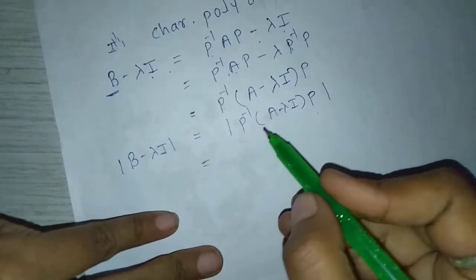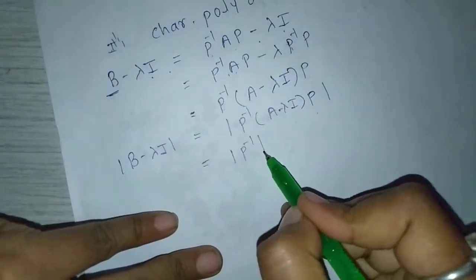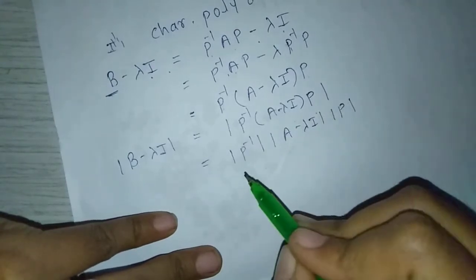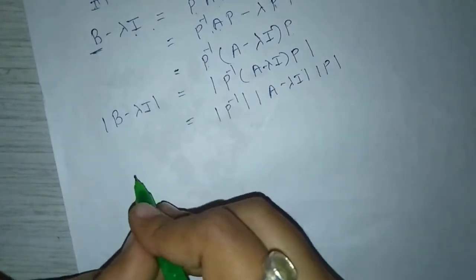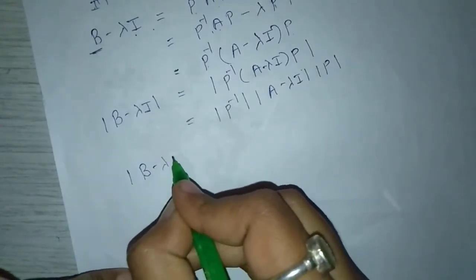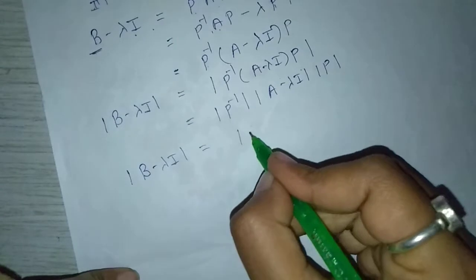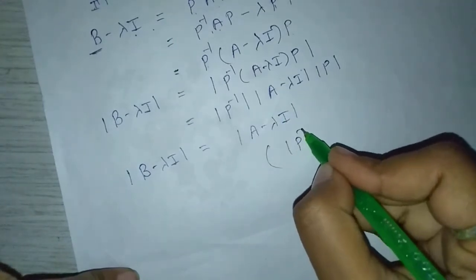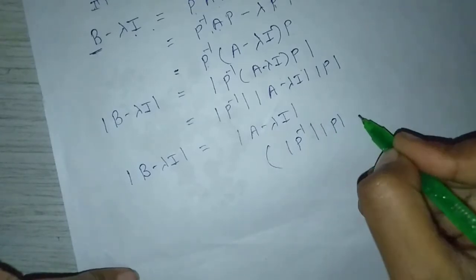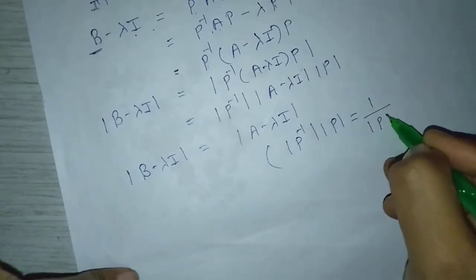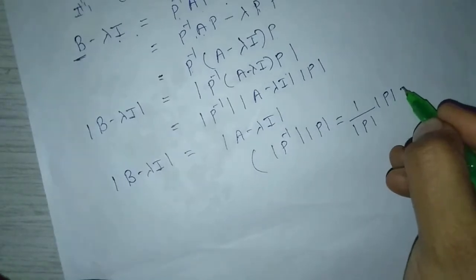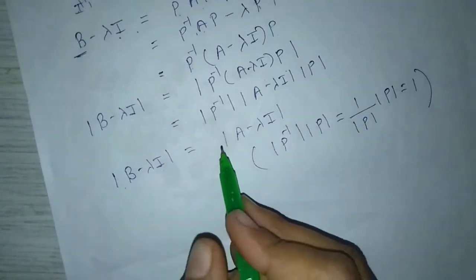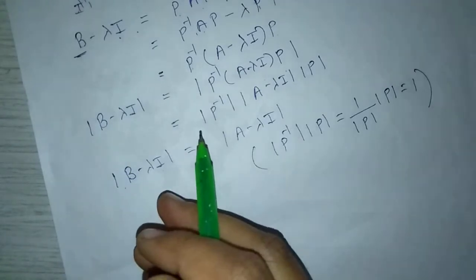So you can write determinant of P inverse into determinant of A minus lambda I into determinant of P. The determinant of B minus lambda I equals the determinant of A minus lambda I, because determinant of P inverse into determinant of P equals 1 upon determinant of P into determinant of P, which equals 1. So determinant of B minus lambda I equals determinant of A minus lambda I.